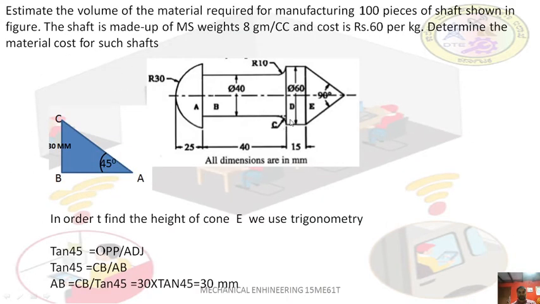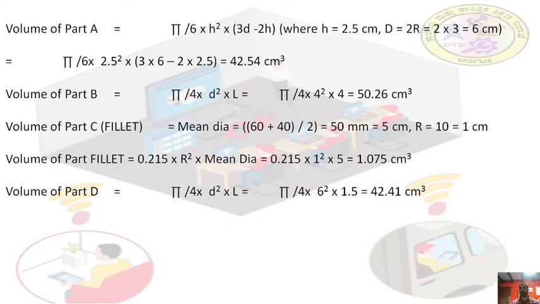Volume of C. C is this one, the fillet. Since the fillet radius is mentioned, you have to take this fillet into consideration. You cannot ignore it when the dimensions are given. The volume of a fillet is given by 0.215 times r square into mean dia.